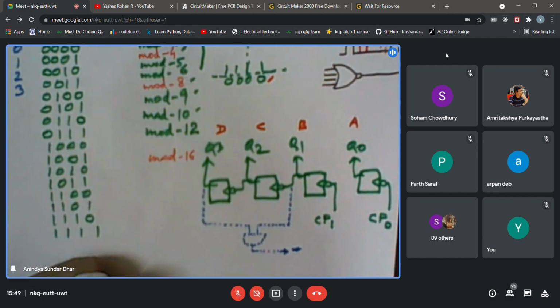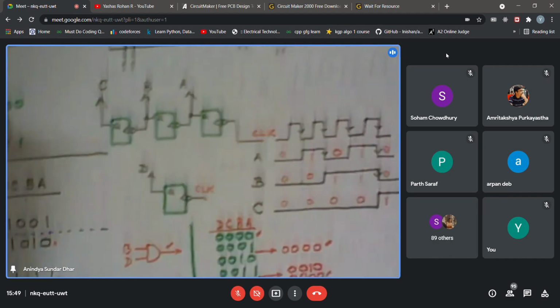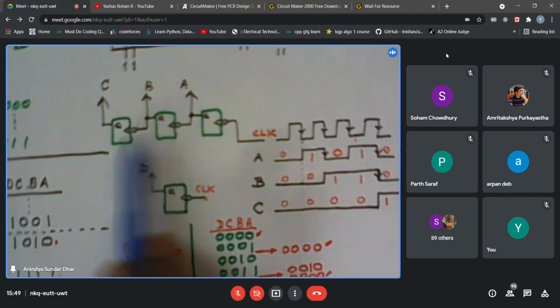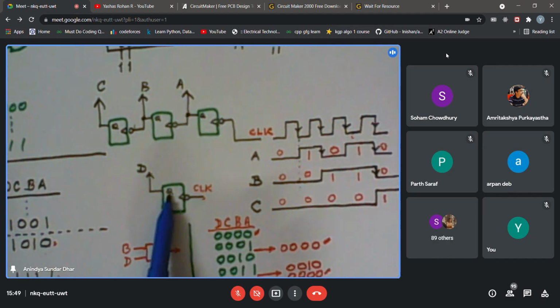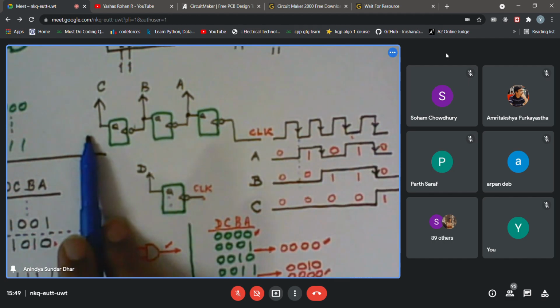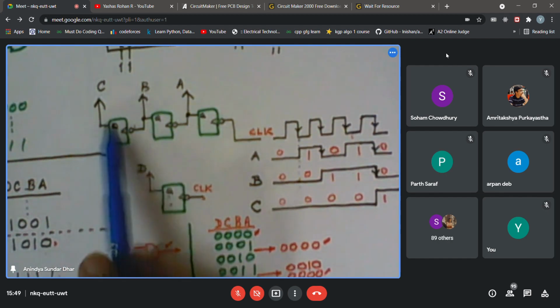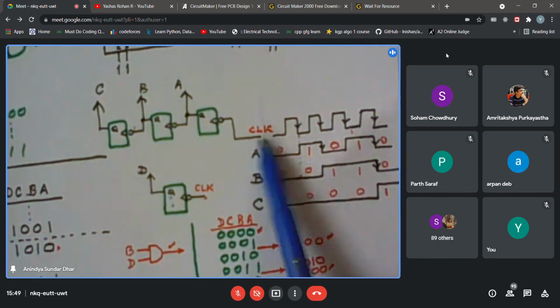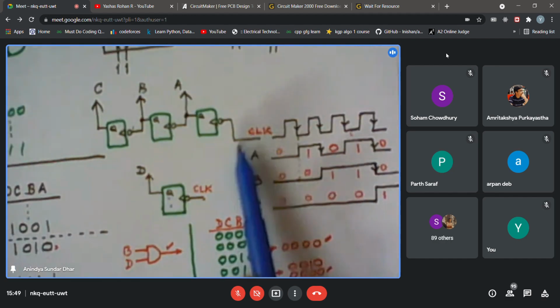Now my question is, for 7493, let me show you that figure once again. I have drawn 3 flip-flops together and a lone flip-flop here. I said that you can connect it here or you can connect it here. It won't make any difference in the final output, as long as you are consciously applying the clock to the proper place.